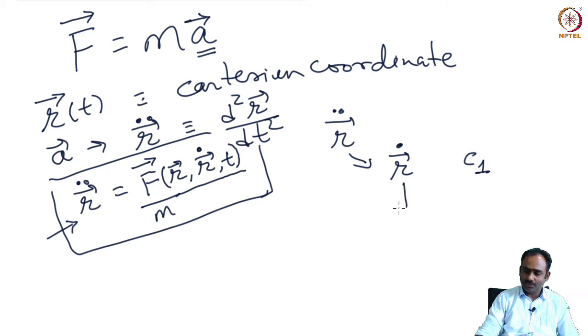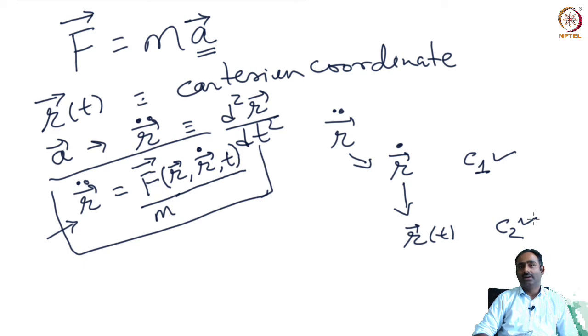Then you integrate once more, you arrive at r, that is what you are looking for, but at this stage you get one more constant of integration, C2. So two constants of integration you will have, which you typically know are the coordinates at any initial time, let's say t equal to 0, and the velocity of the particle at the same time. You could use them to fix what C1 and C2 are.